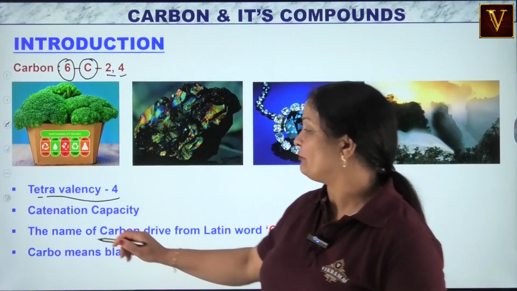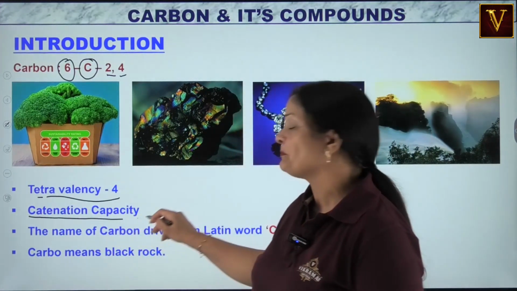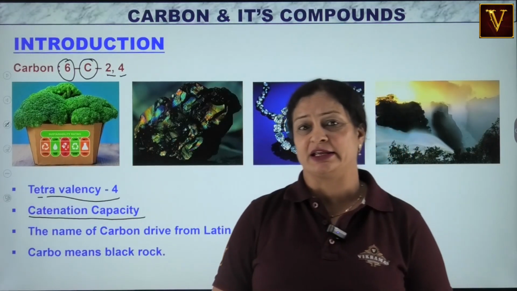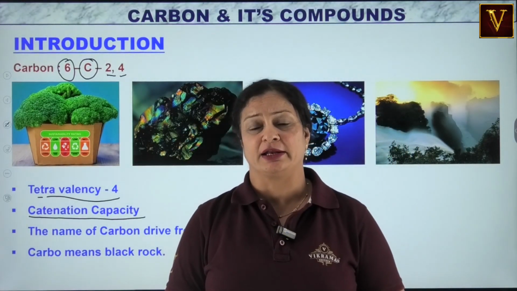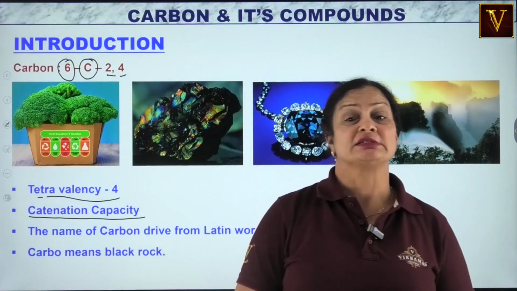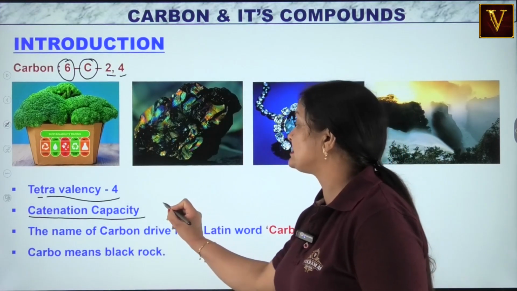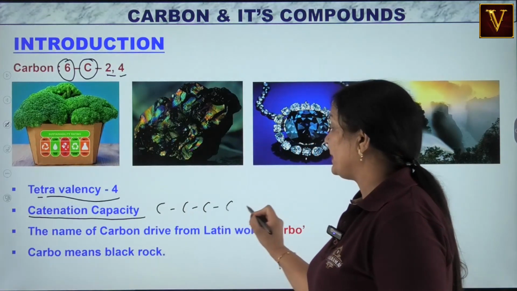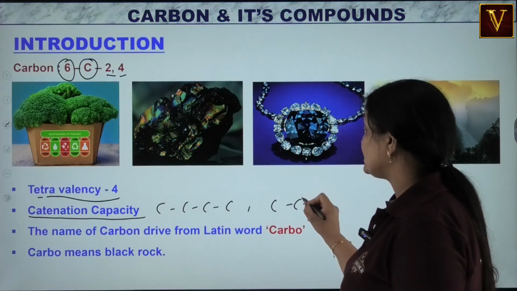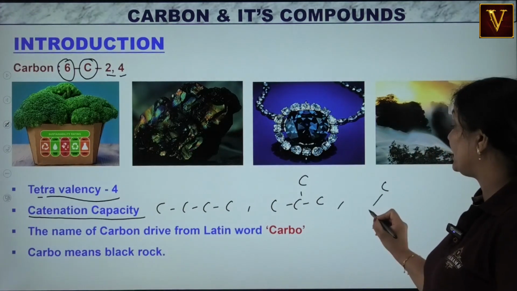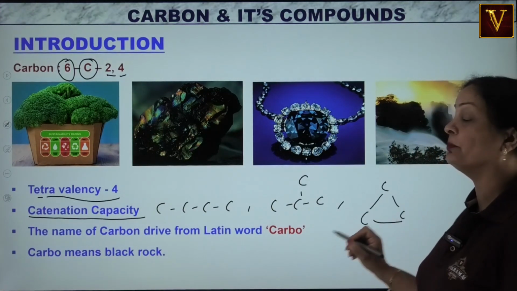Yes students, we know very well carbon has a unique capacity of catenation. What do you mean by catenation? Catenation means self-linking capacity. Carbon can join in a straight line, carbon can form branches, as well as carbon can form cyclic forms.